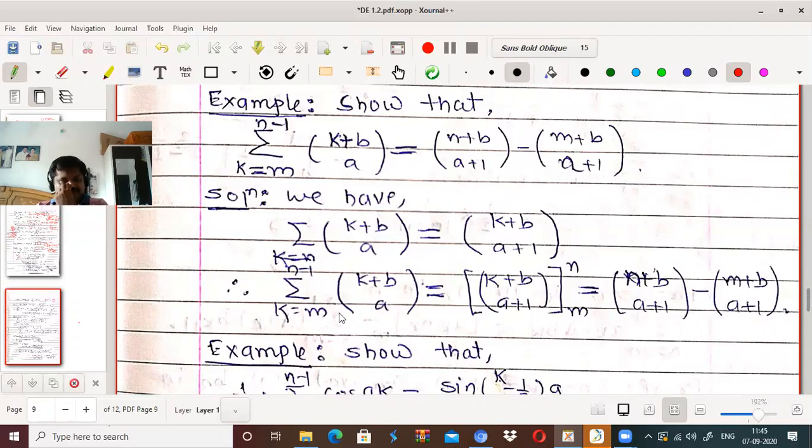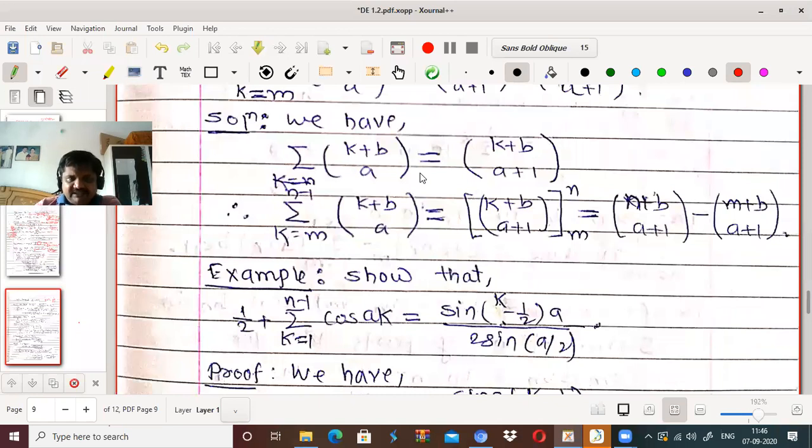After finding the definite summation, we take the upper limit increased by 1 and the lower limit as it is, so upper limit n, lower limit m. So (k plus b choose a plus 1) from m to n, if I put k equal to n, you get (n plus b choose a plus 1) minus (m plus b choose a plus 1). This is very simple.